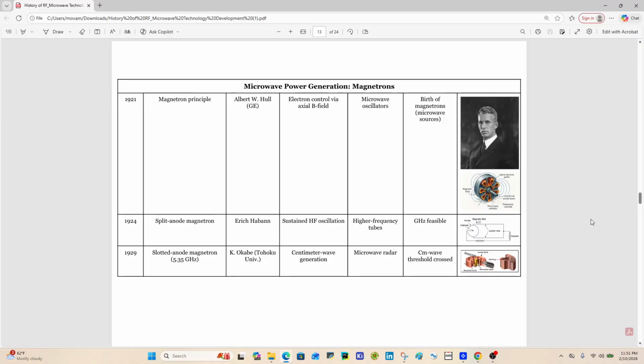In 1929, the slotted anode magnetron was developed, and essentially by adding more segments and using radial slots to separate them, a higher frequency of RF could be achieved and better RF confinement, and several modes, which are called multi-mode behavior, were observed, and higher power extraction could be achieved.